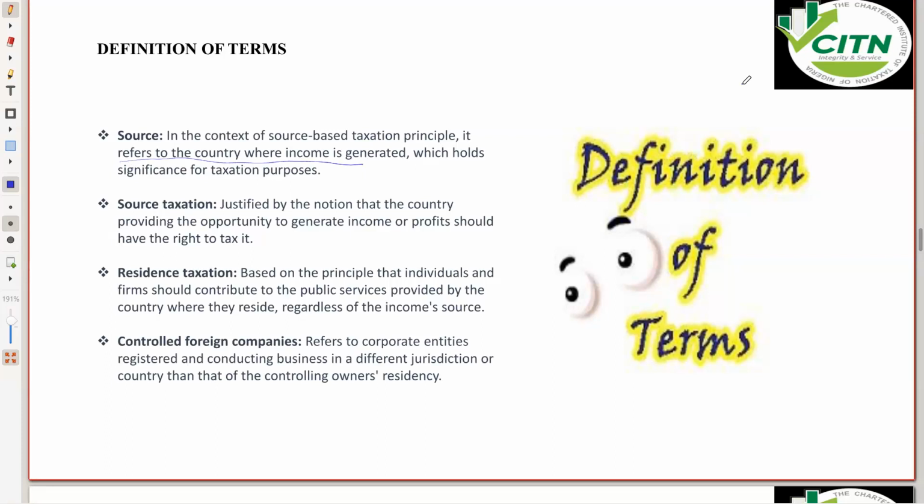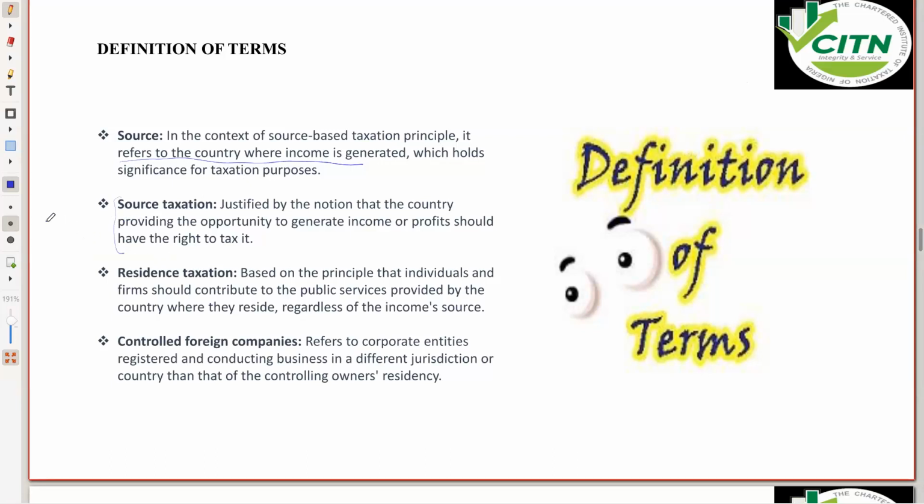Another concept is source taxation. And source taxation is justified by the notion that the country providing the opportunity to generate income or profit should have the right to tax it. So this is the main reason why countries would tax income generated from that country, even when you don't stay there.